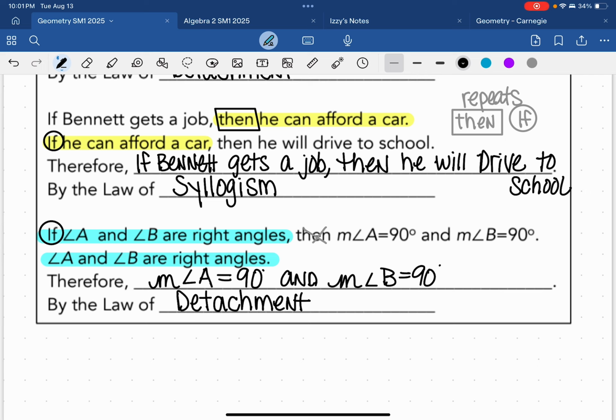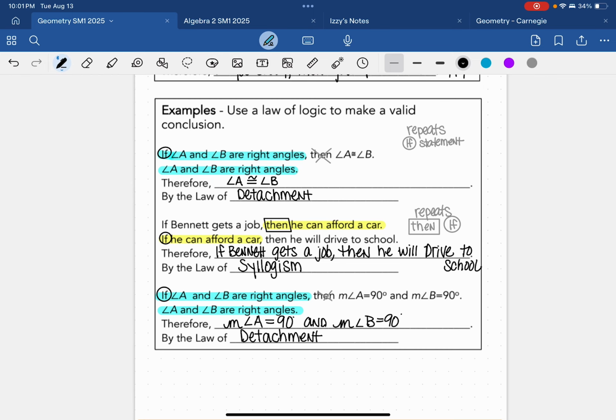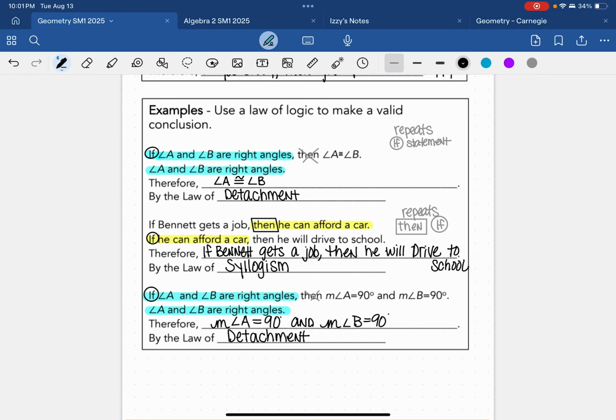All right, don't forget to get these glued into your notebook. One tip for when you're working on the practice: these two examples right here are exactly what the law of detachment and syllogism should look like.